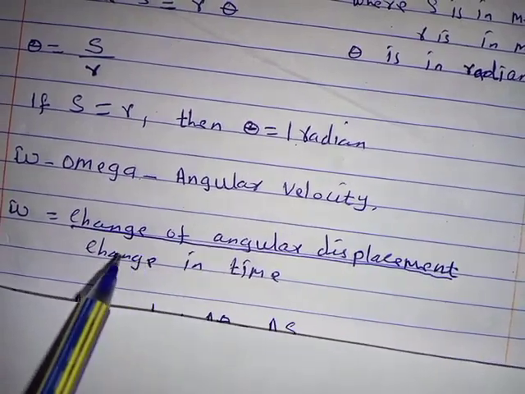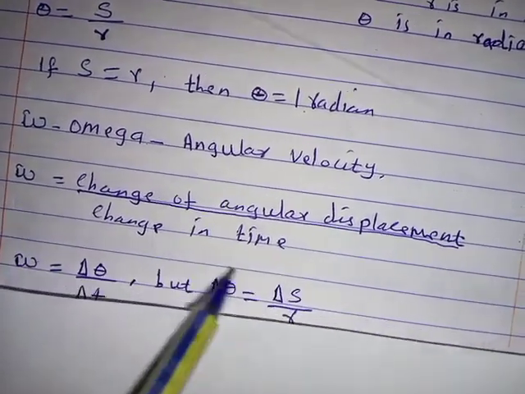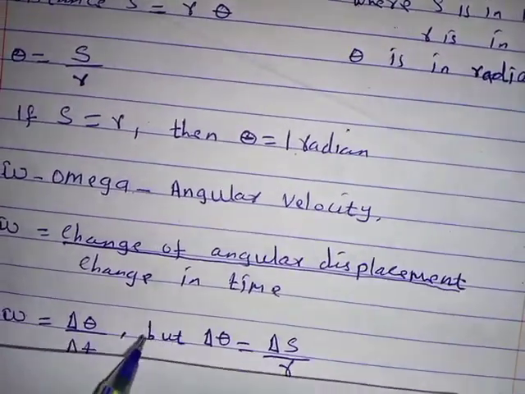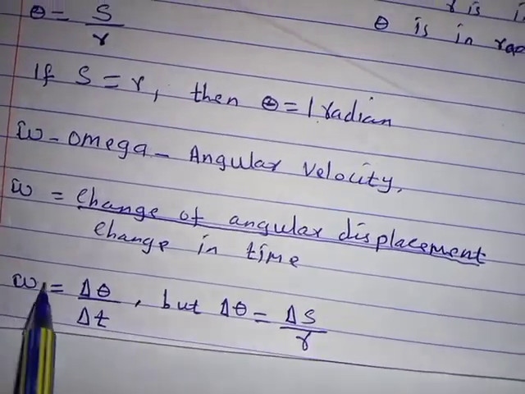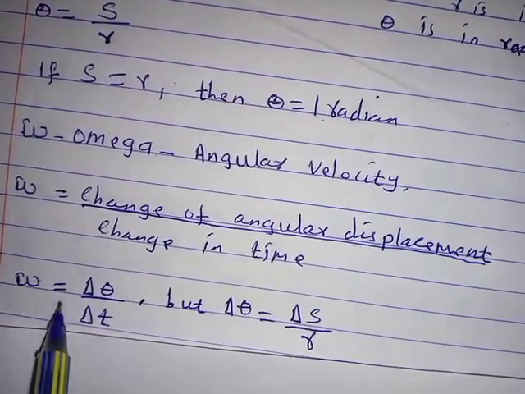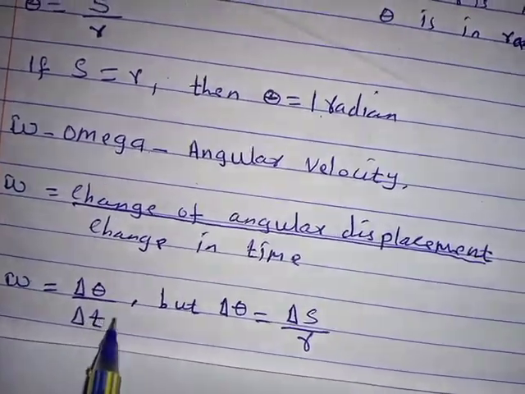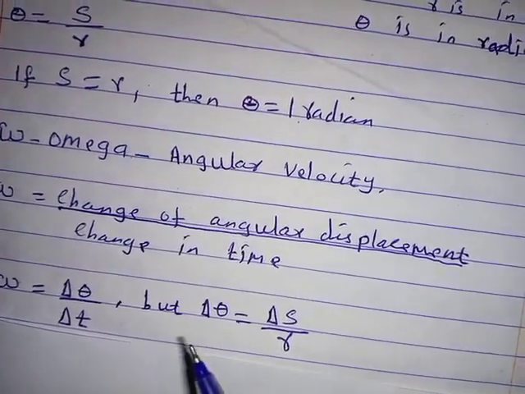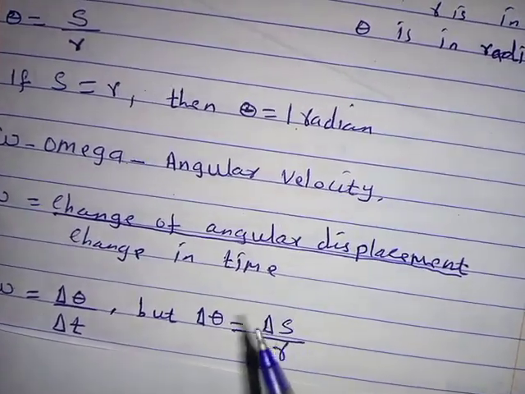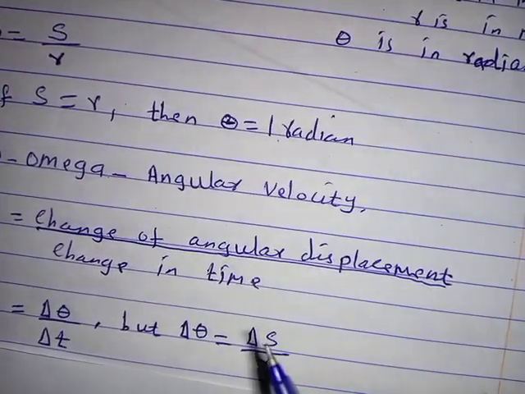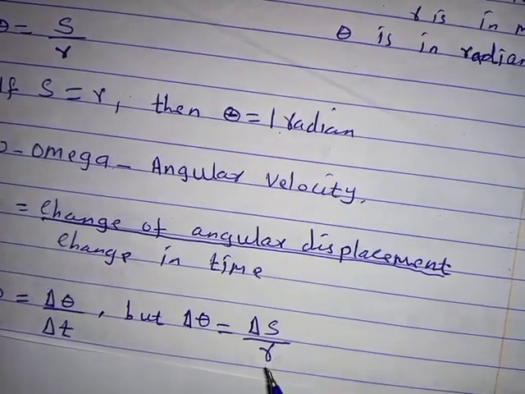That is, change of angular displacement divided by time. In symbols, angular velocity is given by change in angular displacement over change in time. But we know that angular displacement is given by change in distance over radius.